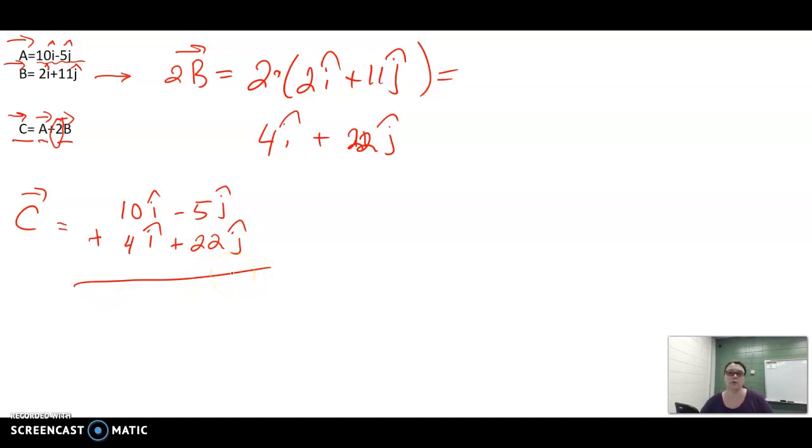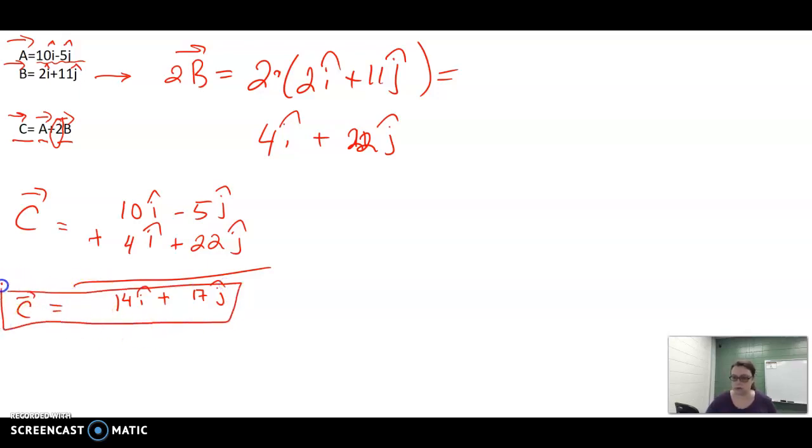Now you guys remember we said that you can only add i and i, j and j. So I am adding my i's. This is 14i. And what is this? 17, right? 17j. So I have found the vector form of my vector C.